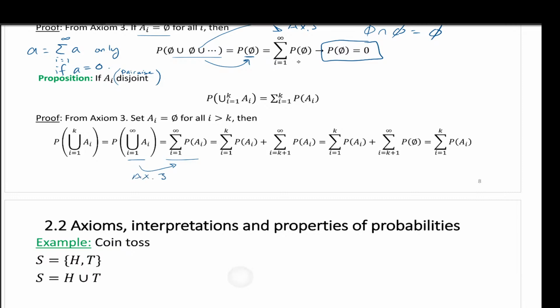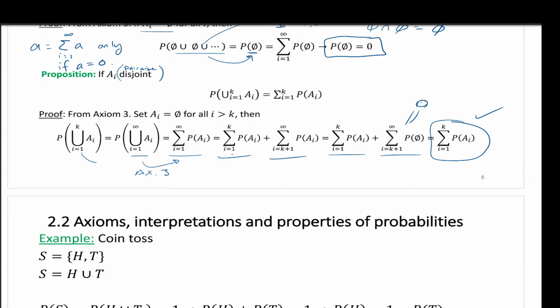And then break up the summation from 1 to k, and then k plus 1 to infinity. From 1 to k, you have the original. From k plus 1 to infinity, you have the empty set. And so we know all of these are 0. So this summation is going to be 0. So we have just this sum right here.